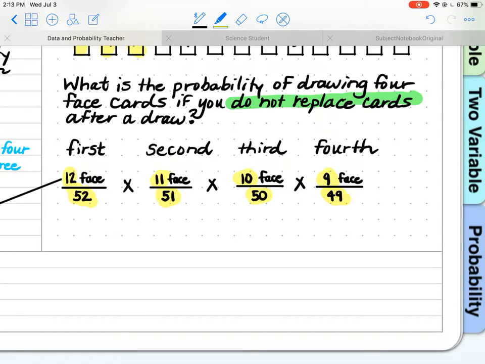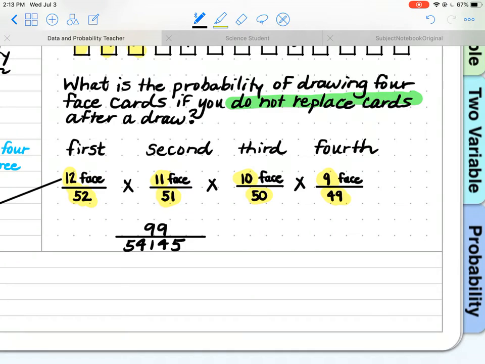And we come up with a very weird fraction. It's okay. It's supposed to be weird because this is such an astronomically small chance. You should come up with this fraction.